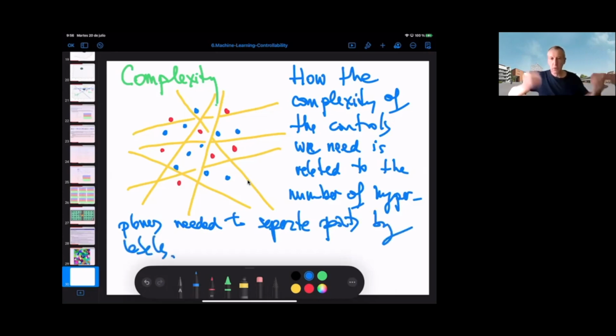Of course, I could have more colors and then I will need more hyperplanes. But this seems to be really the criterion, right?